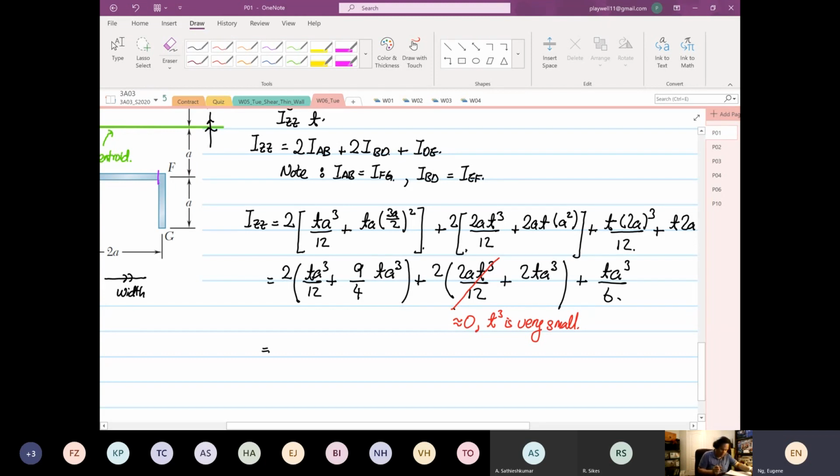So from here, we have 1 over 12 plus 1 over 12 plus 9 over 4 times 2. Then you have 14 over 3 TA cubed, plus 4 TA cubed, plus TA cubed over 6.